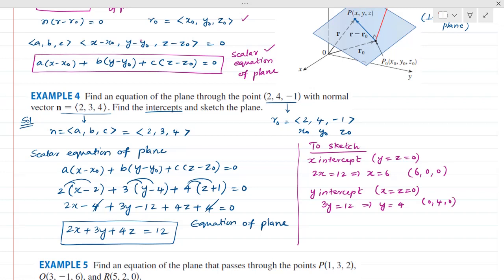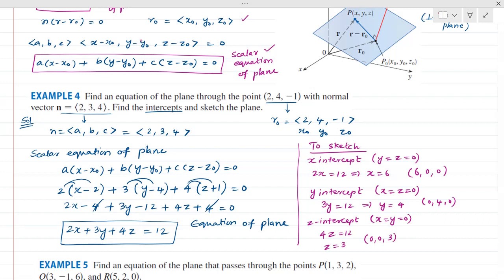And the last one is the z-intercept, where x and y are 0. So you will get 4z equals 12, z equals 3. This is 0 comma 0 comma 3. So these are the points.